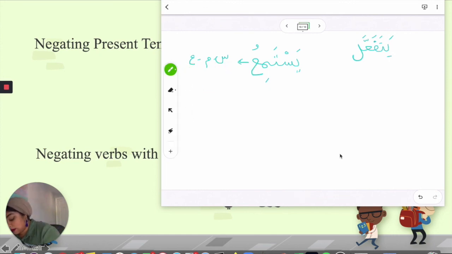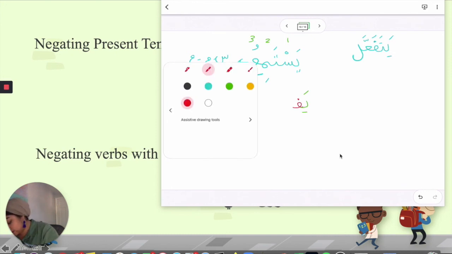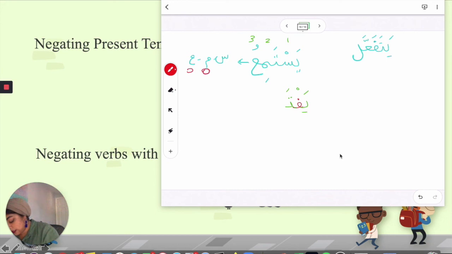So we're going to take here, we have a ya, and then we have first root letter, second root letter, and third root letter. So we have a fa. We have the letter ta. And then right here and right here, second and third, we're going to replace it with, remember, fa, ayn lam is what we replace it with. يفتعل. يفتعل.